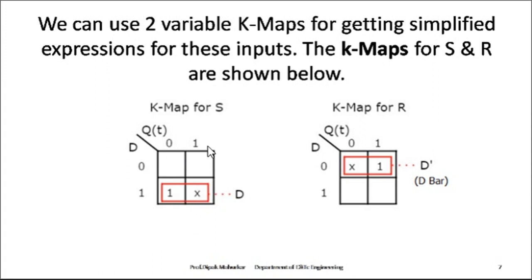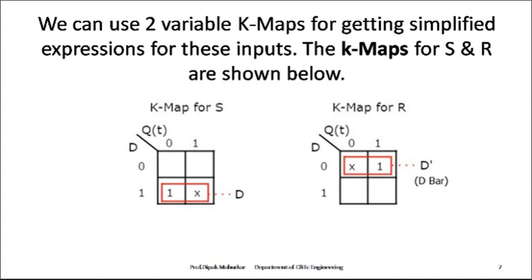In one row it will be cancelled, so only D remains. So S is equal to D. For R, with X and 1, it is D bar. So R is equal to D bar.